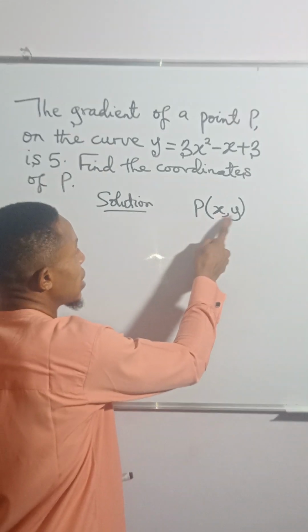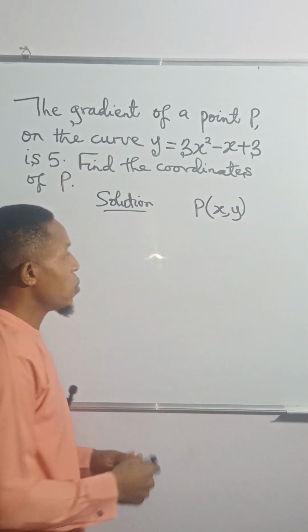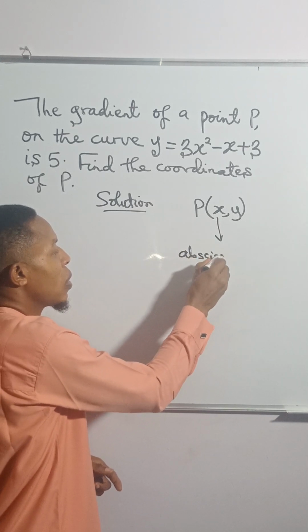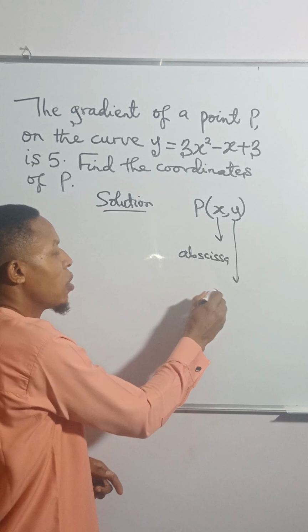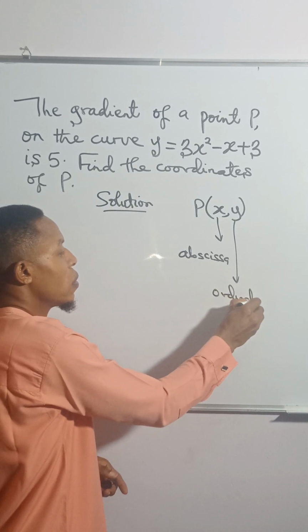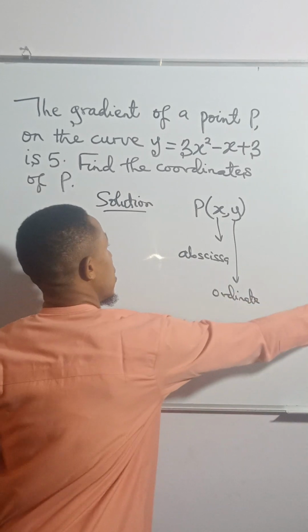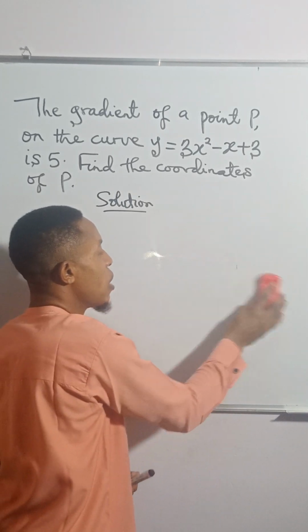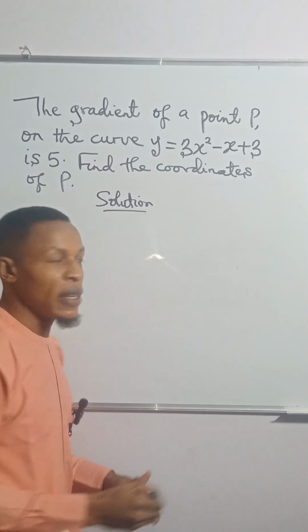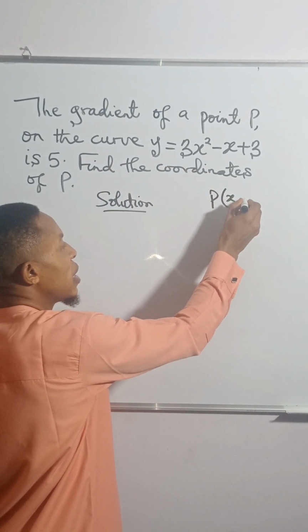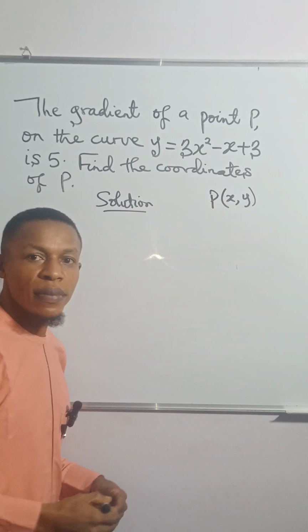We call the x the abscissa, and we call the y the ordinate. When we determine the abscissa and the ordinate, that is the coordinate of any point. So that is what they want us to find for this point P: the value of x and the value of y.